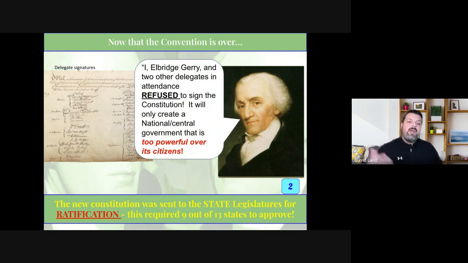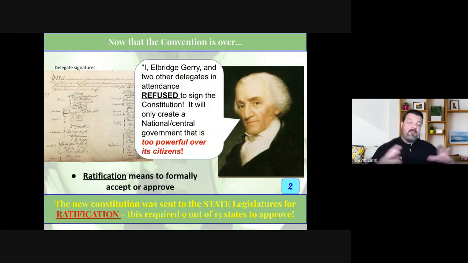And so when the Constitution was sent out for ratification, a couple of these men, including Elbridge Gerry right there, did not sign the Constitution in protest. They refused to participate in it, and they did not like what the Constitution was going to do, in their opinion. So where does this lead us to?